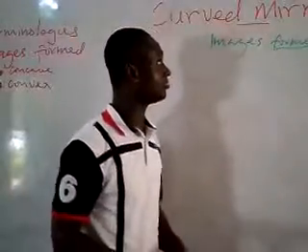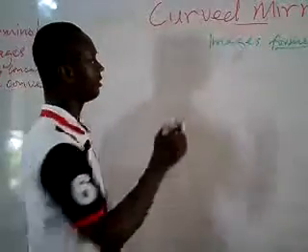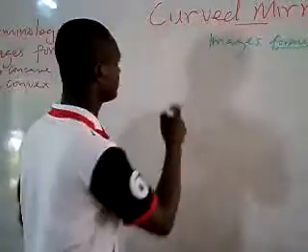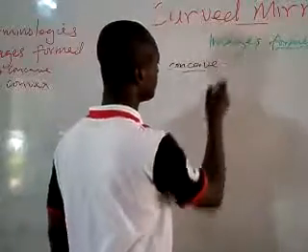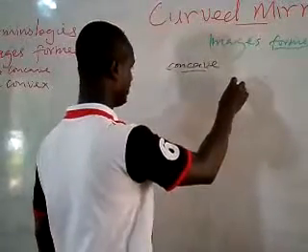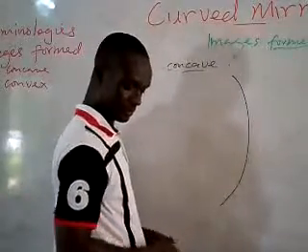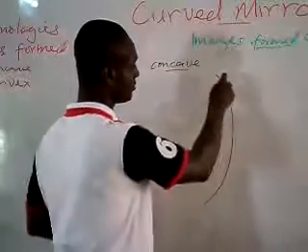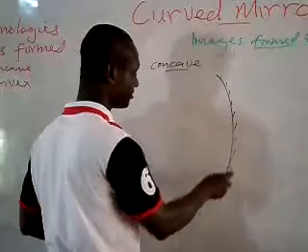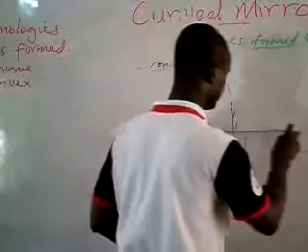Let's talk about images formed by concave mirrors, or converging mirrors. If I draw my concave mirror and coat the silver surface, it means we are looking at the inner surface.